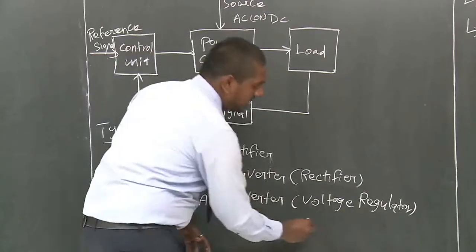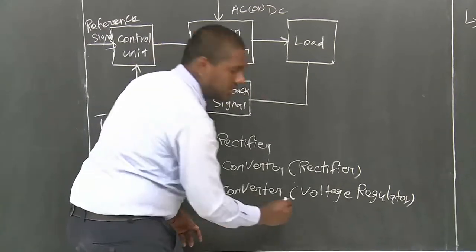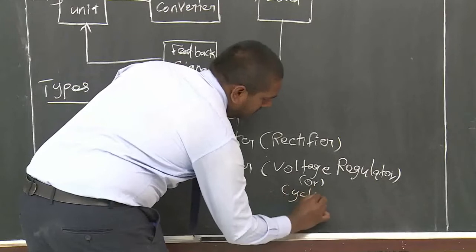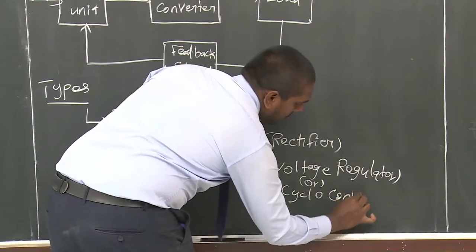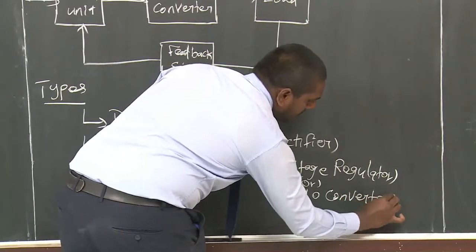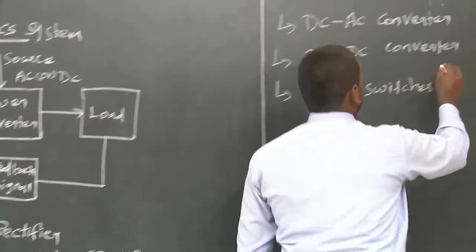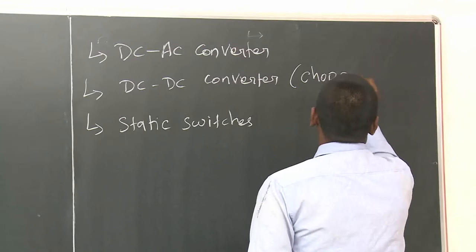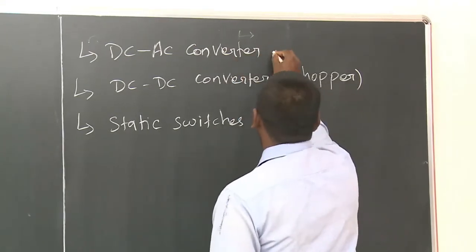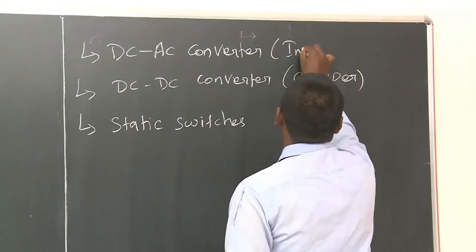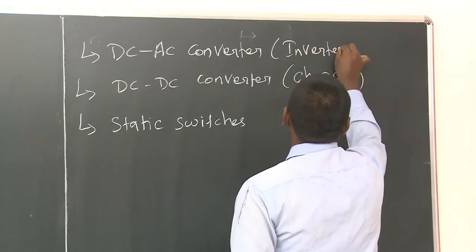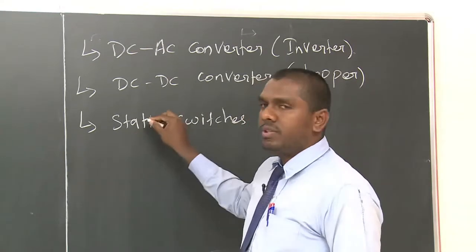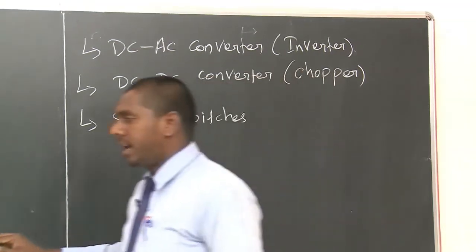The voltage controller's other name is cycloconverter. Then the DC to DC converter's other name is chopper. The DC to AC converter's other name is inverter. So based on these types, we have to discuss any one of the types.